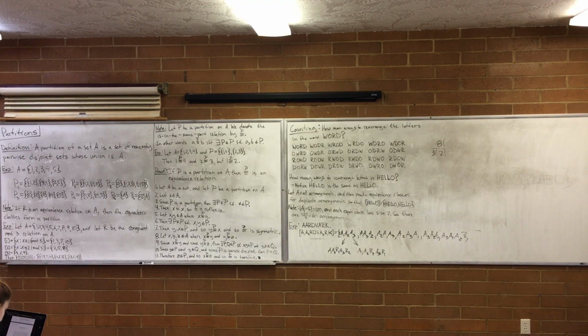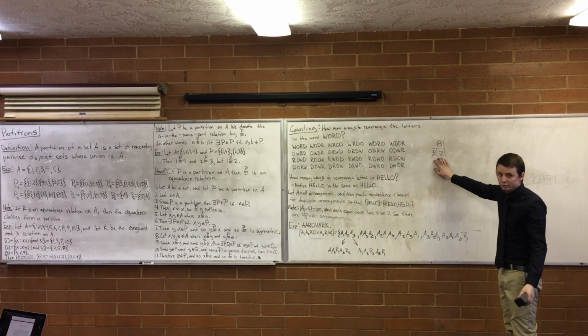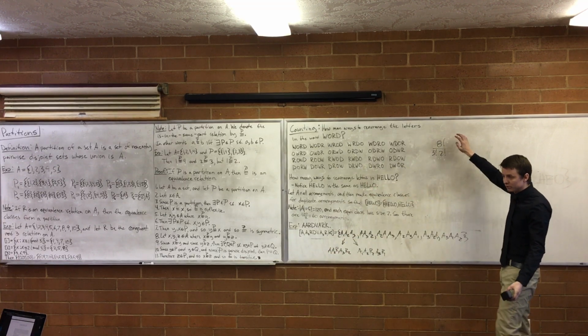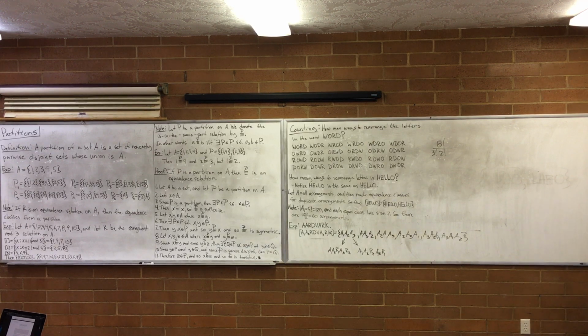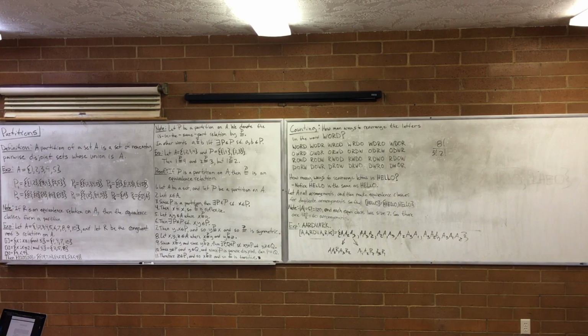So the size of each of the equivalence classes we would get for a particular arrangement is 12. And there's 8 factorial total arrangements. Therefore, unique arrangements gives us 8 factorial over 3 factorial times 2 factorial.